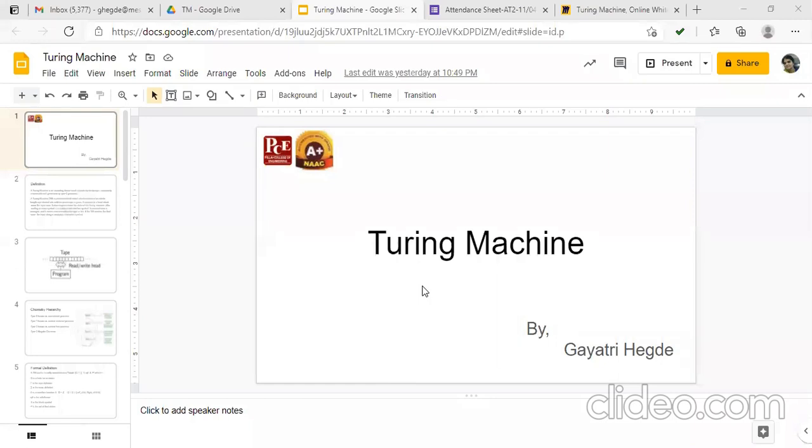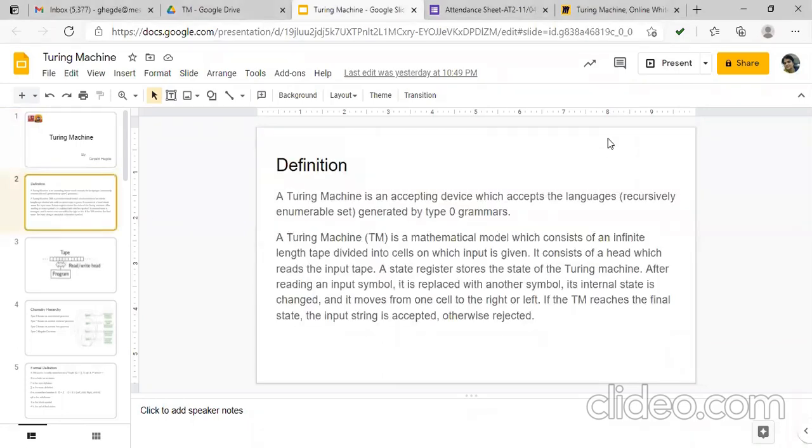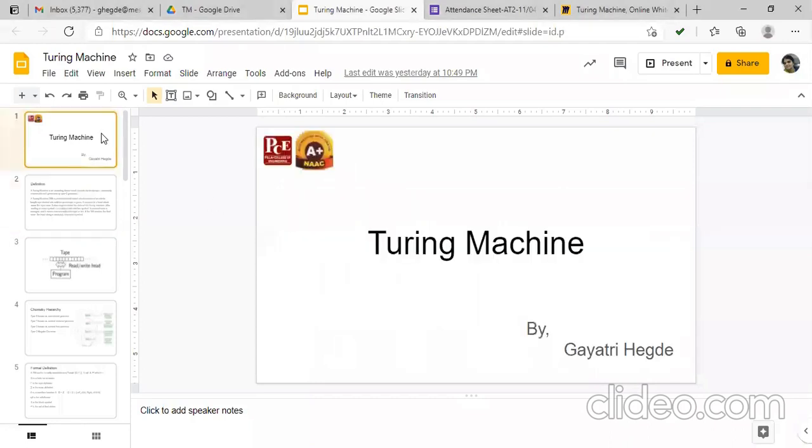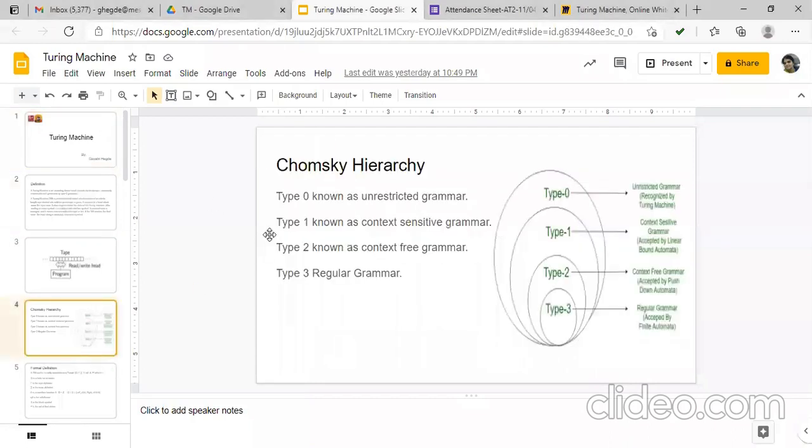Okay, so what is this Turing machine? We'll just see the definition first. A Turing machine is an accepting device which accepts a language. Which language does it accept, students? I hope you remember the Chomsky hierarchy: type 0, type 1, type 2, and type 3. Which type of grammar does Turing machine recognize?